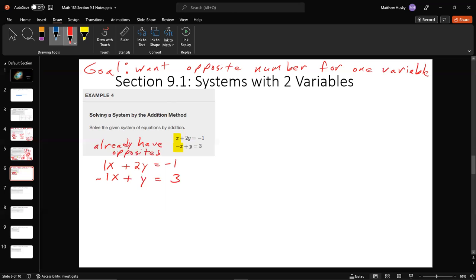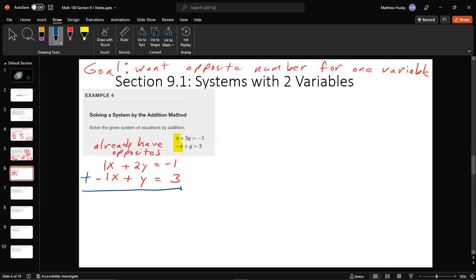So what that means is you can cut to the chase here, and you can go ahead and add all the terms in the equations from the get-go.